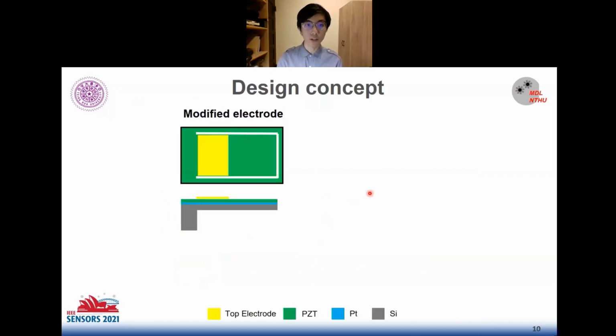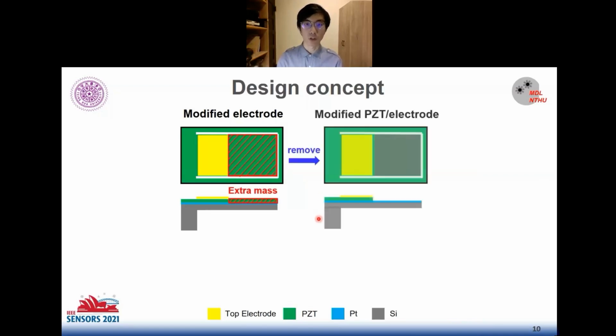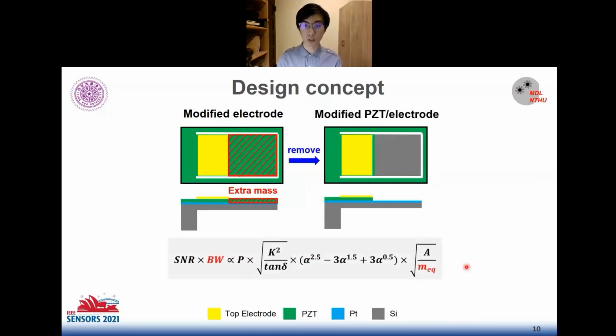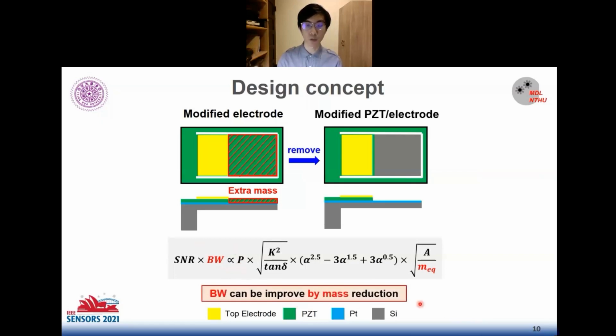So at this time, the tip portion of a diaphragm will have a PZT remain non-use, and it will be an extra mass of the diaphragm. So if you can remove the PZT at this portion, the equivalent mass of the system will be decreased, and the resonant frequency can be improved, and also improve the bandwidth by the mass reduction.